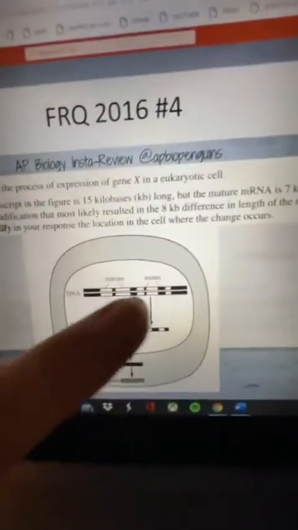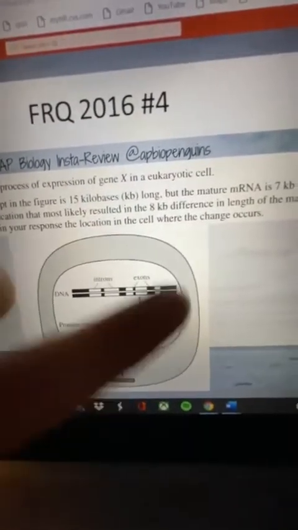So logically, the introns were removed. Then you have to ask, where does this take place? You see that big circle surrounding it, so you can make the connection that this must be a nucleus. So it takes place in the nucleus, and we're removing those introns.